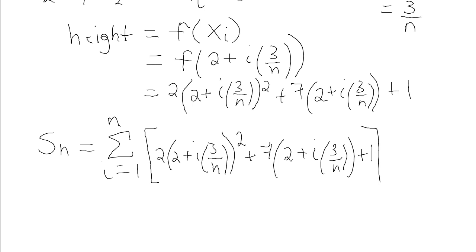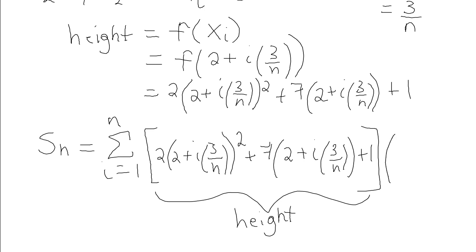So then I'm going to close that with a big square bracket. So that's just our height there. And we need to multiply it by its base length, which is just 3 over n. So the base length isn't too bad. So that's our base length. So that is the expanded Riemann sum.